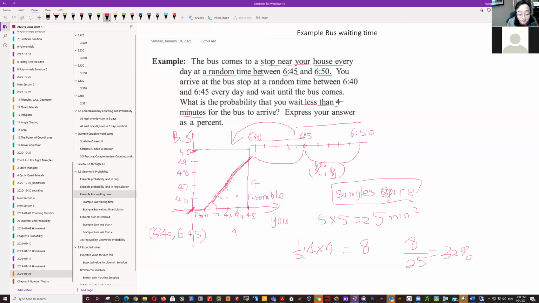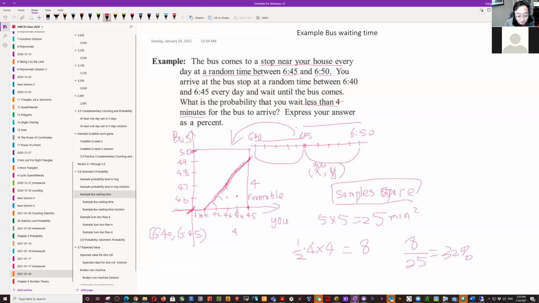And a line or dot doesn't have an area in two dimensions. In two dimensions, a line is infinitely thin, so it doesn't have a width.